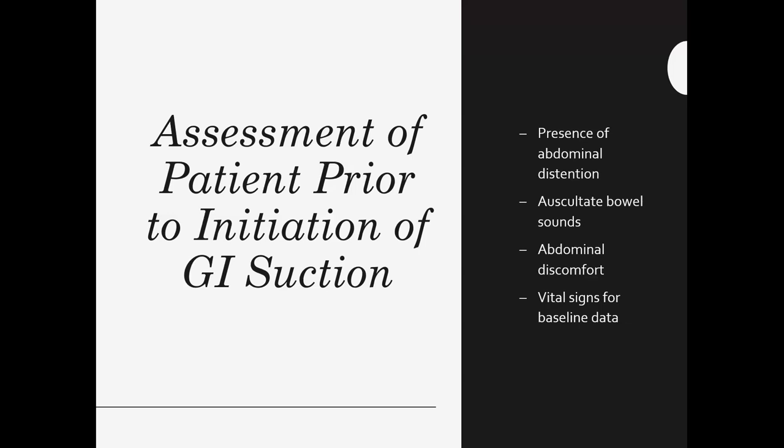We're going to auscultate or listen to bowel sounds with our stethoscope. And then we're going to get vital signs for baseline data. So we're going to make sure we know what their vital signs were before we started, so after we start, we can compare. And if there's a big change, they might not be tolerating the suction well. Ideally, when we start this suction, some of the abdominal distension and discomfort should decrease. So we want to monitor for that.